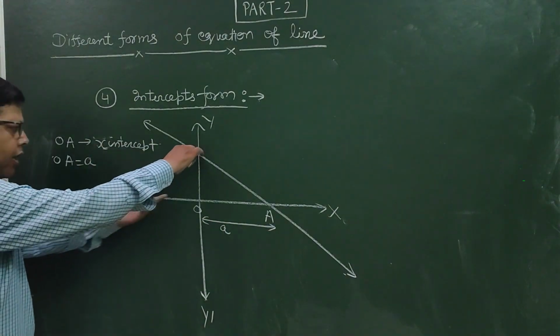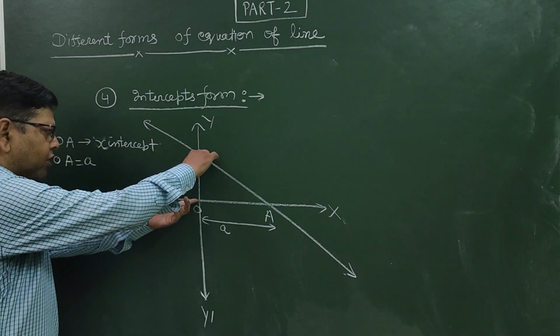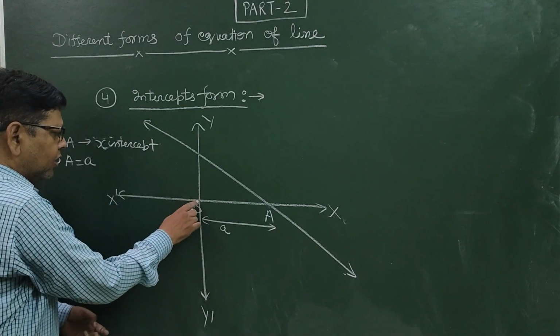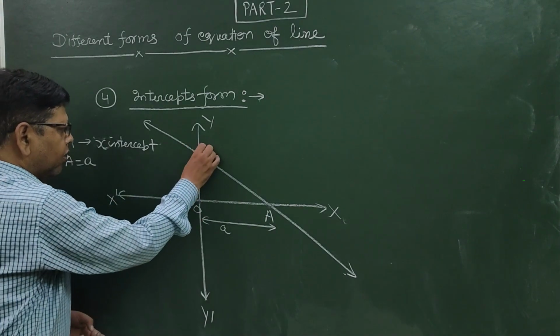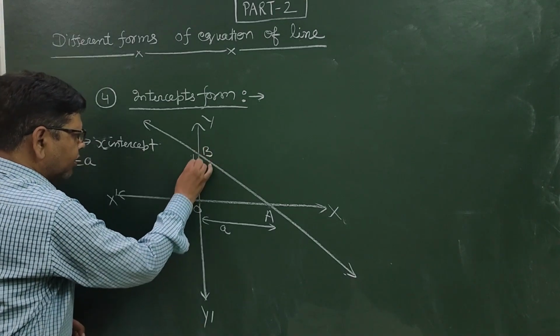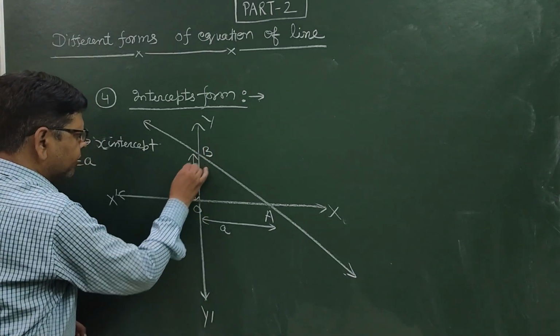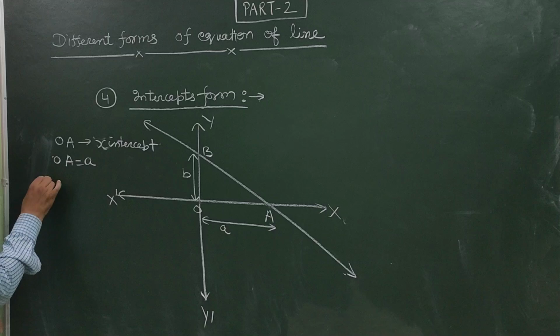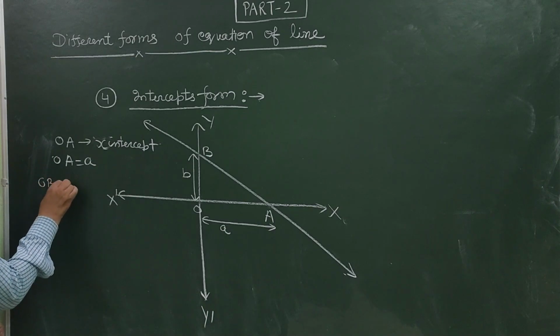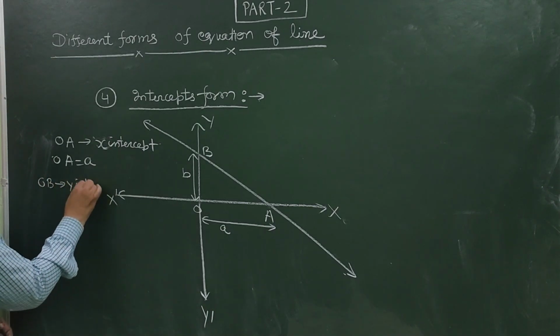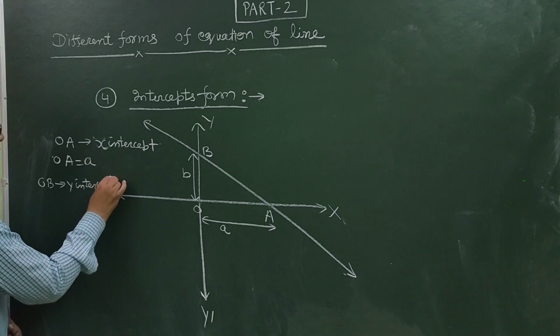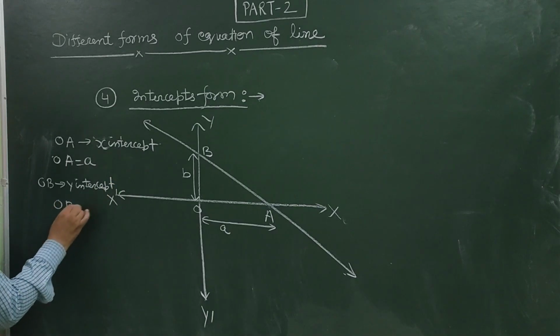And the segment the line cuts on the y-axis, its distance from the origin, let this point be B and this length be small b, then OB is called the y-intercept. Let OB be equal to small b.